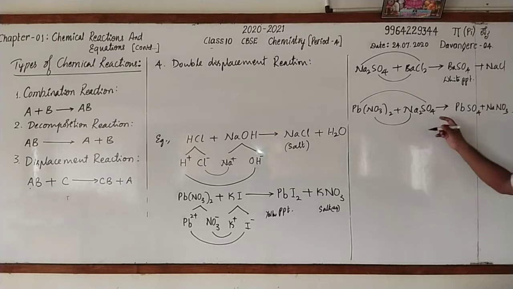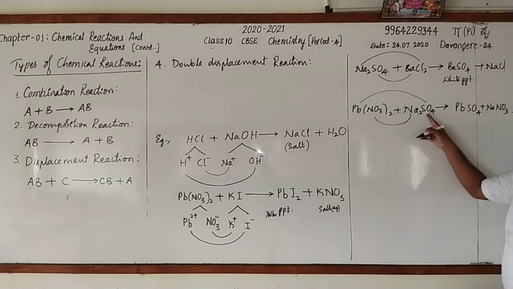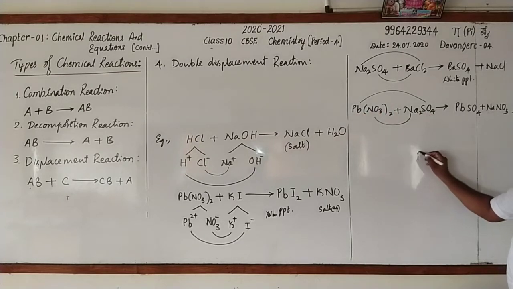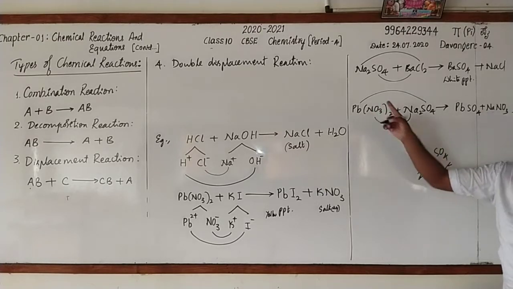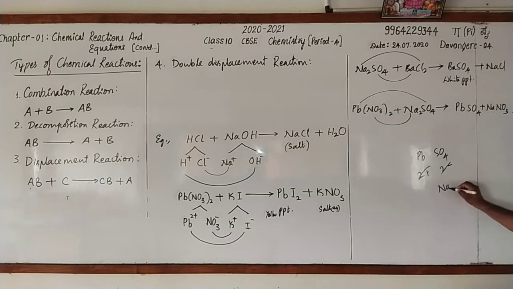That is lead sulfate, Pb 2 plus, SO4 2 minus. Then sodium nitrate, Na 1 plus, NO3 1 minus, NaNO3.